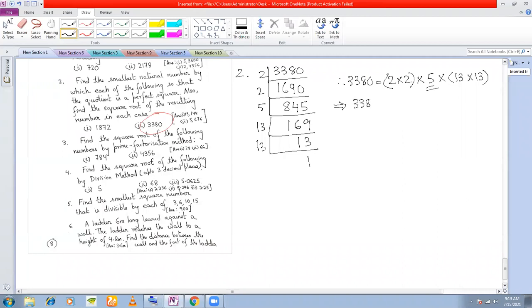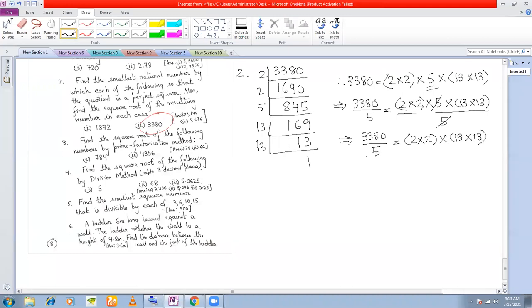So 3380 divided by 5 is equal to 2 into 2 into 5 into 13 into 13 divided by 5. This 5 will get cancelled. So you get 2 into 2 into 13 into 13, right?